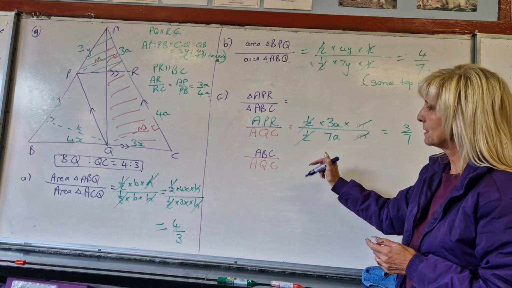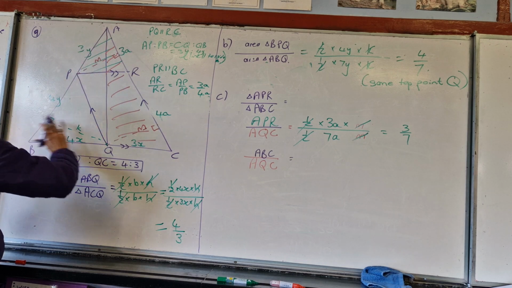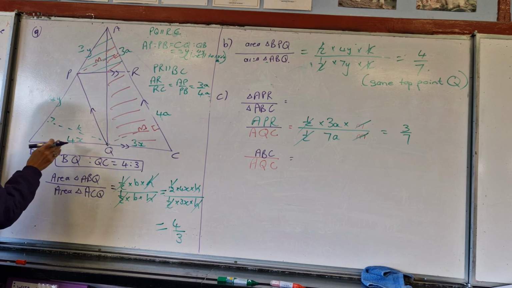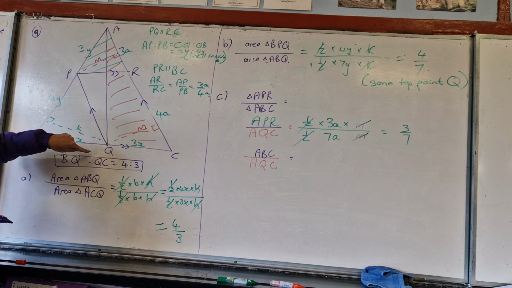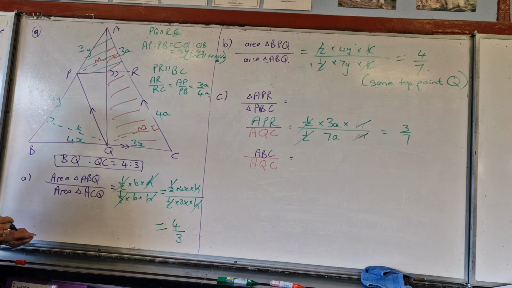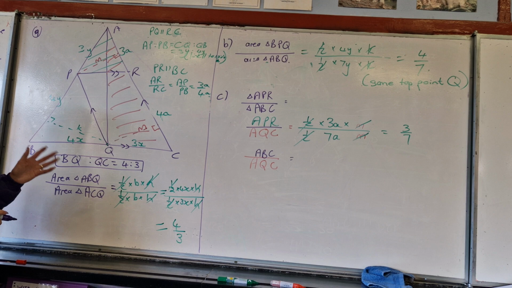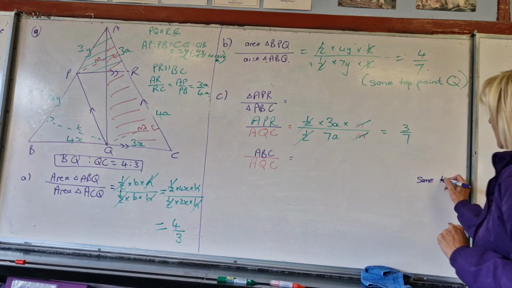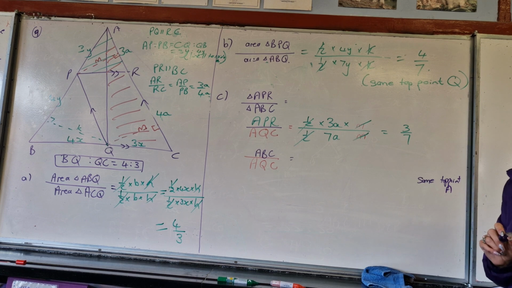So looking at ABC then, now we're looking at ABC, the big one, and AQC, the smaller one. I'm using the bases, big one, small one. Heights coming from A. If I drew in another one, can you see how chaotic it's going to start looking? Because I haven't even drawn in all of them yet. So the heights would be coming from A, so the same top point again. So if you wanted to say here, same top point A, just to explain to yourself where it comes from.